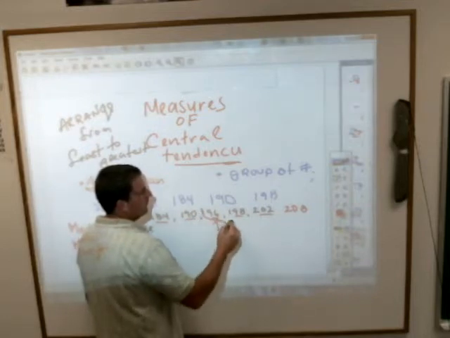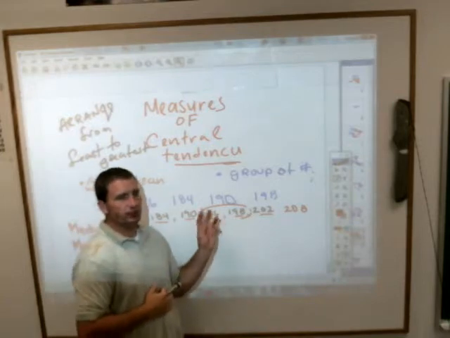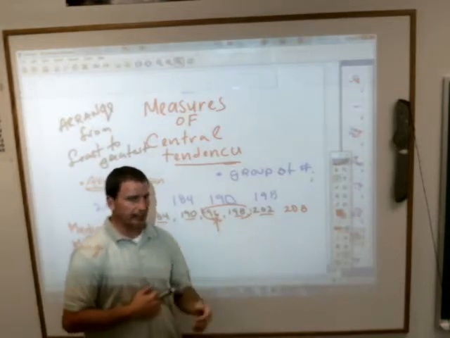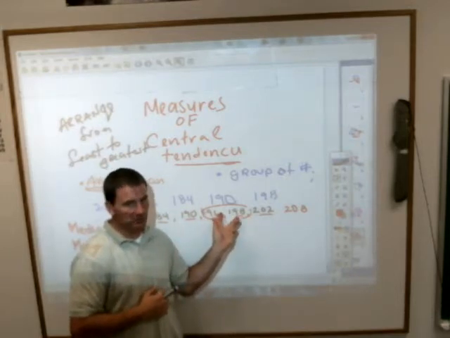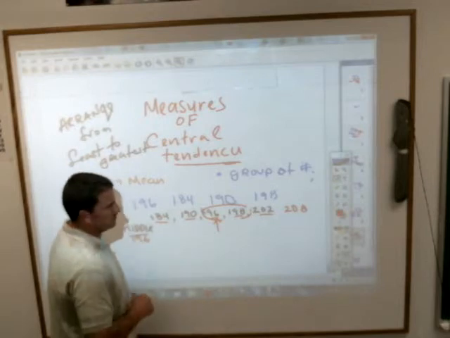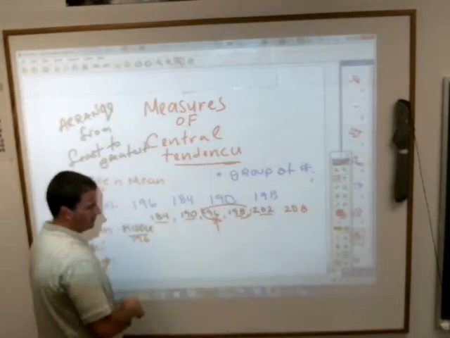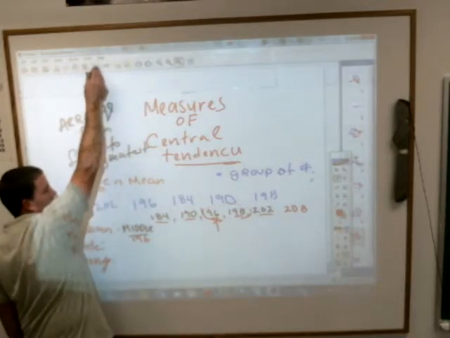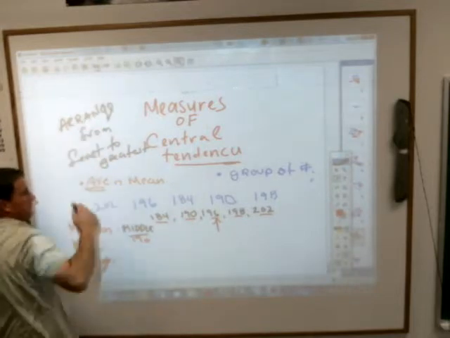These 2 fall in the middle, and if there's 2 numbers in the middle, you have to take their average, which is what you said there. You add them together, divide by 2, but it's the number that falls in the middle of those, which is 197. So if there's an even number, you take the 2 middle ones and find their average. Okay? Which there's not, so we're going to erase it. 208.